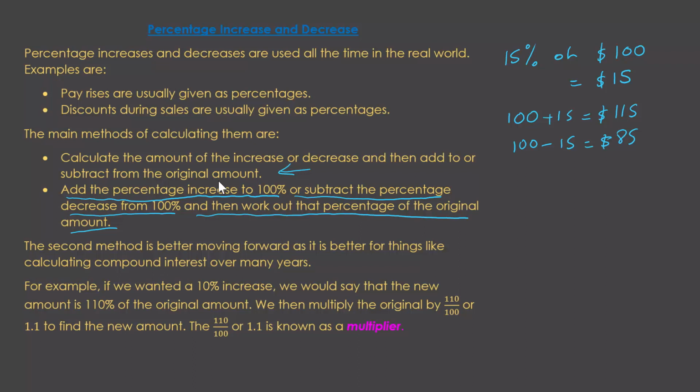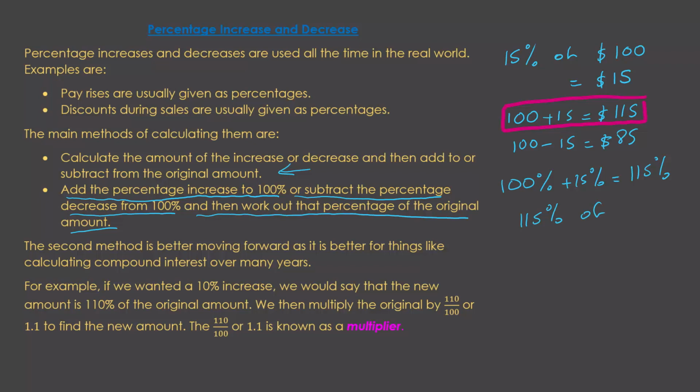So if we think about the calculation that I did here, that was a 15% increase. So we do the 100%, add the 15% to get 115%, and then work out 115% of the original quantity.